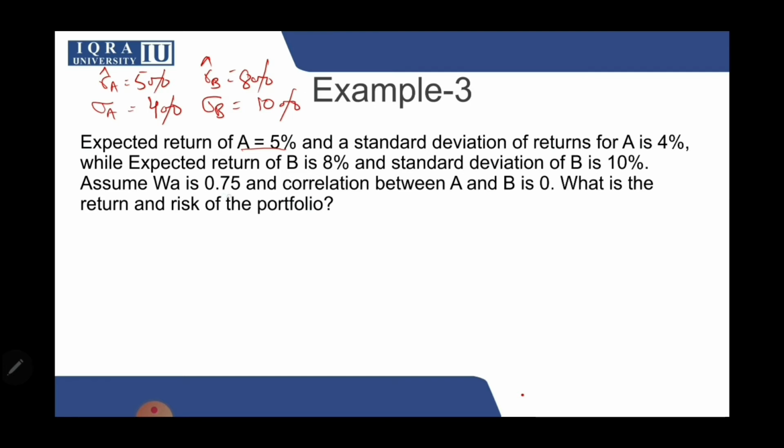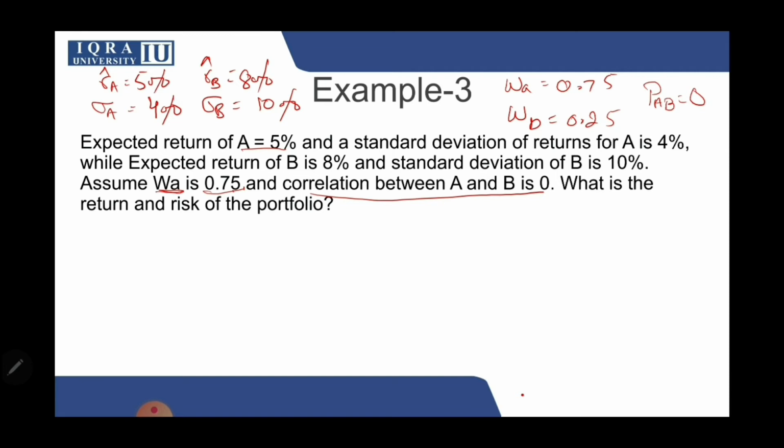Assume WA is 0.75. So the weight of stock A is 0.75, then the weight of B will automatically be 0.25 because this should add up to 1. And the correlation between A and B is 0. What is the return and risk of the portfolio?